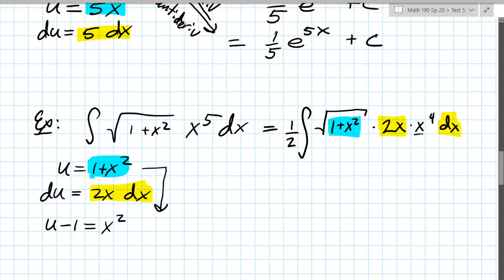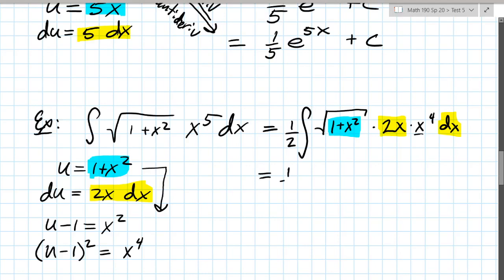Well, what I would really like to know is what is x to the 4th. So u minus 1 to the 2nd is equal to x squared squared, x to the 4th. So now, in place of x to the 4th, I can write u minus 1 squared.